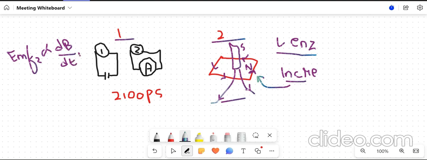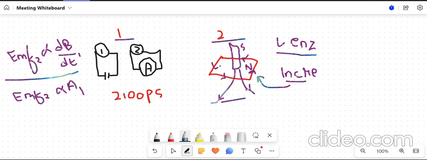Please see this, this is very important, in loop 1. And again, EMF in loop 2 is directly proportional to the area of loop 1.